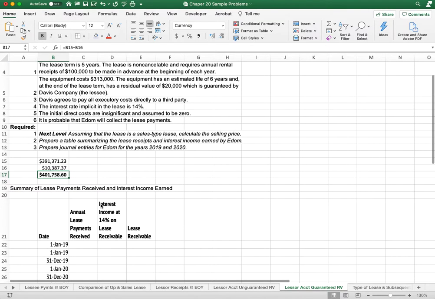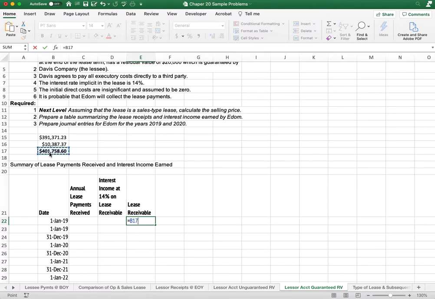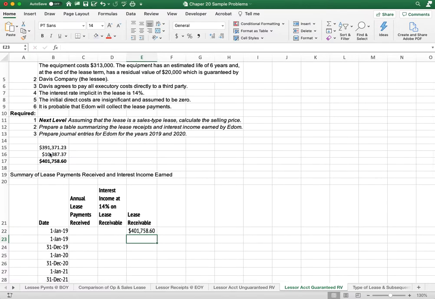That's because it's guaranteed, versus in the previous problem where it was unguaranteed, so we accounted for it separately. So the next part is to prepare the table summarizing the lease receipts and interest, and we're going to start out with that $401,758 as our initial lease receivable.